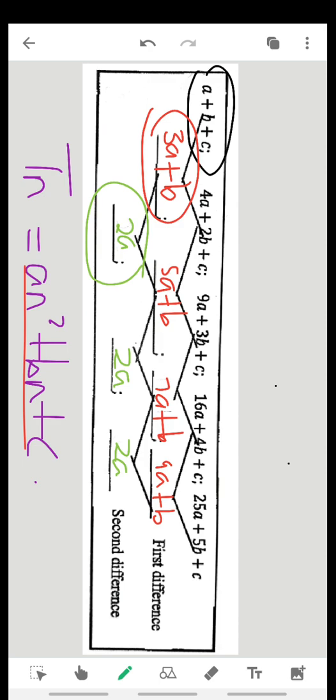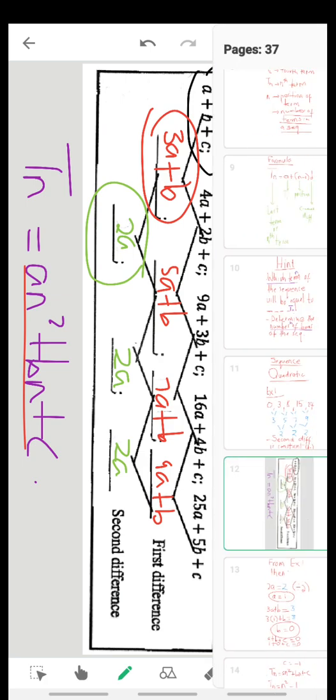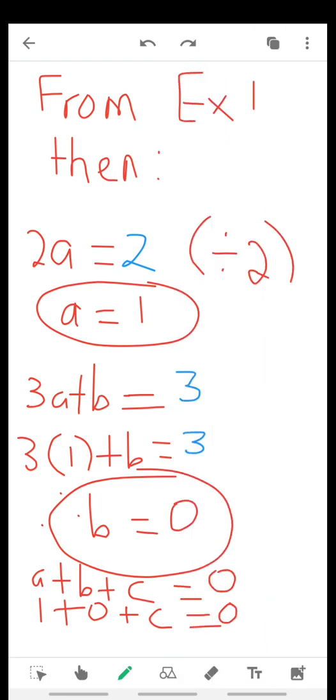Please note that down. Tn equals an squared plus bn plus c. This is the nth term, or the formula for the quadratic sequence. Well done. Now, let us go to the next slide.